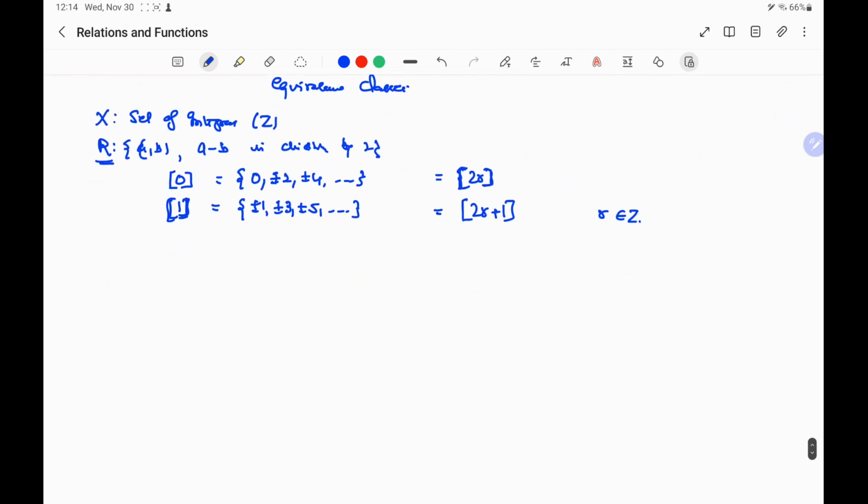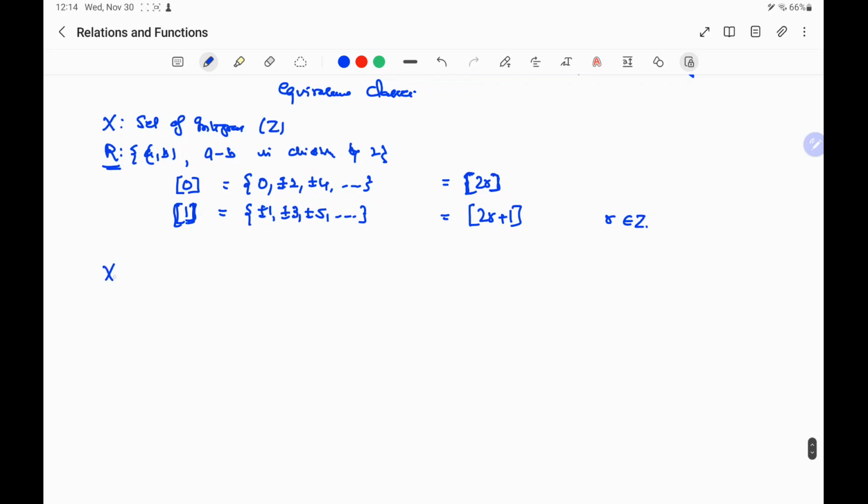Similarly, if we take another relation in the set of integers, X is the set of integers Z, and relation R is such that the ordered pair (a, b) has a minus b divisible by 3.